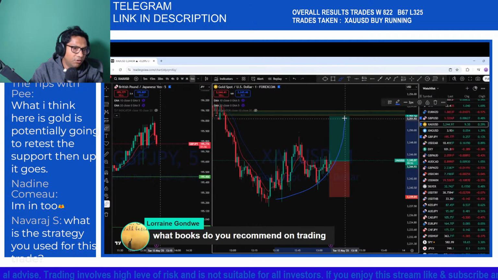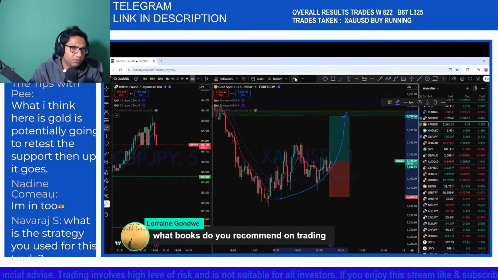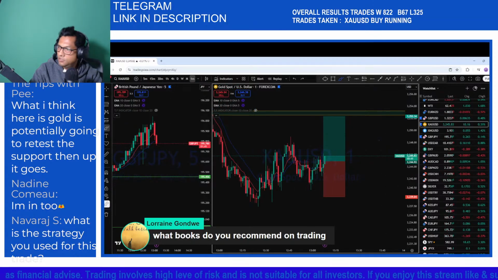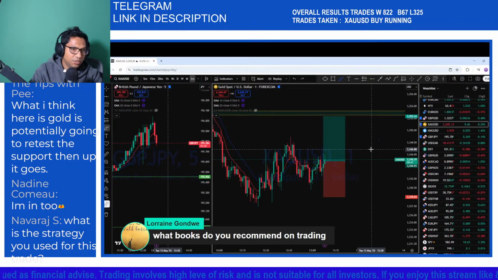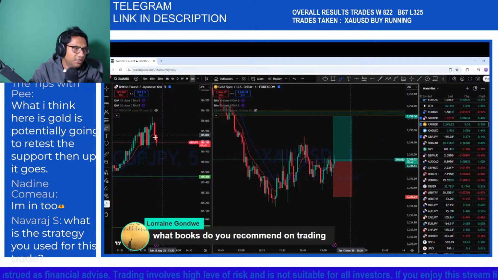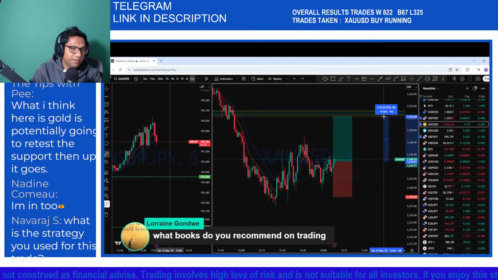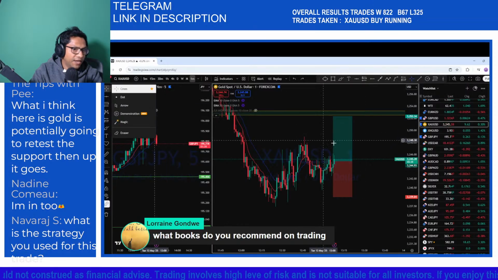With that series of higher lows, I expect it to go back to the resistance line. I've just entered the profit area, and if it pushes back up, we will be able to get a 75 pip move to the upside.